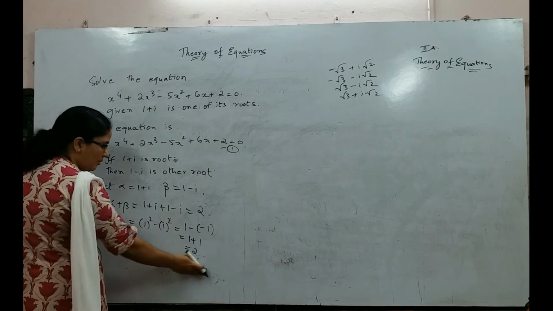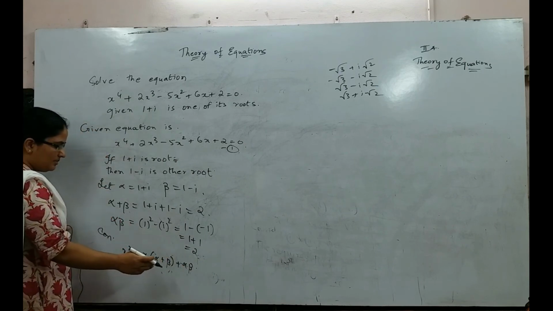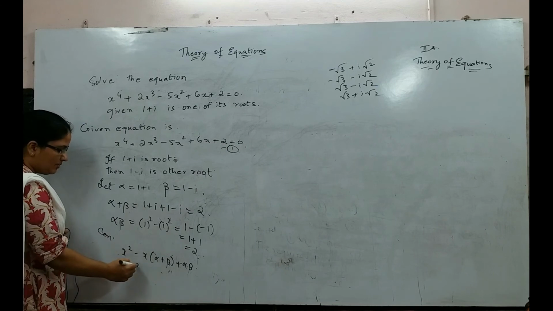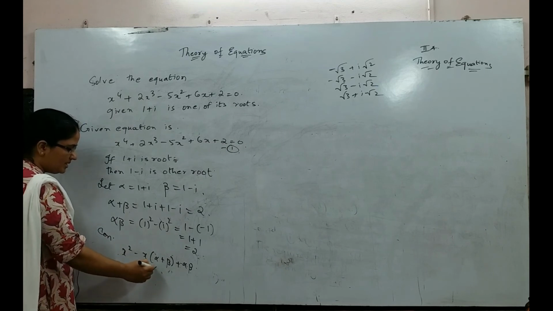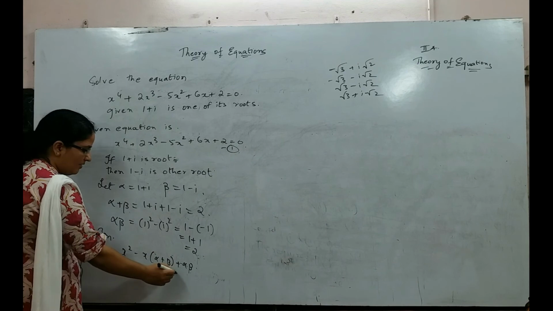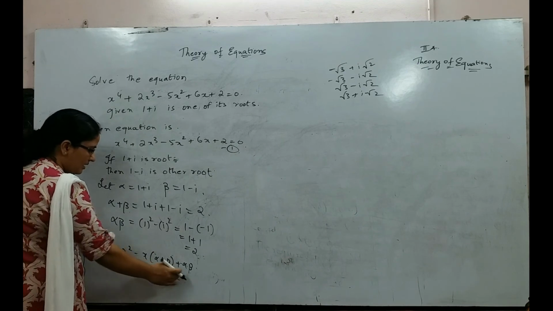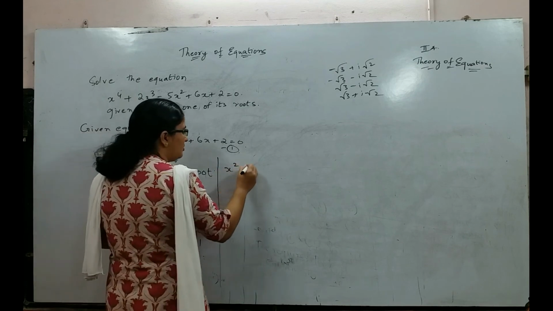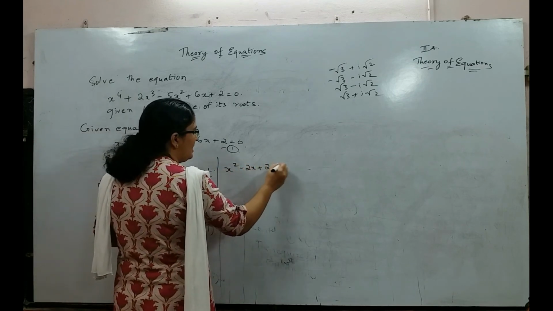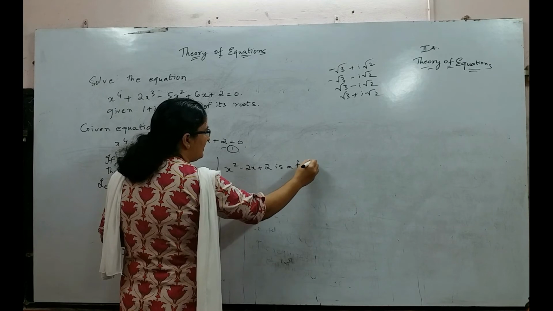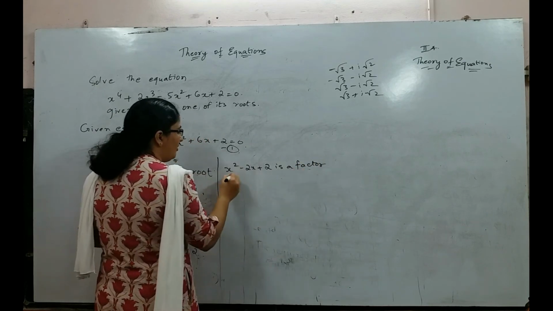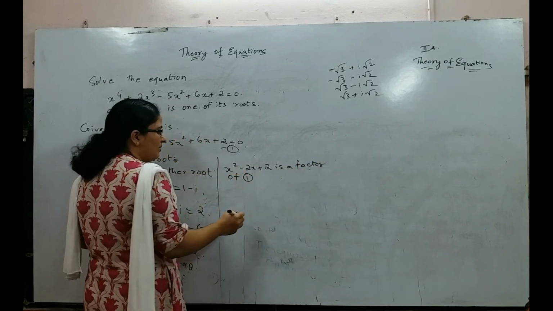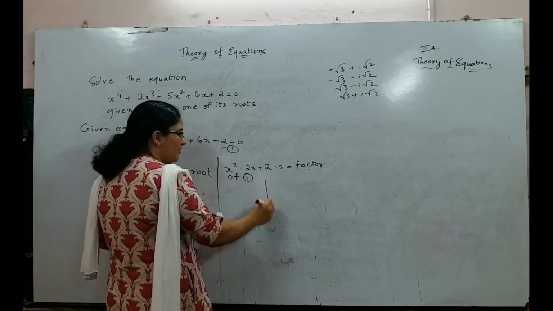Don't take 0 now. x square minus x into what is alpha plus beta? 2. Alpha beta is also 2. That is, x square minus 2x plus 2 is a factor of 1.